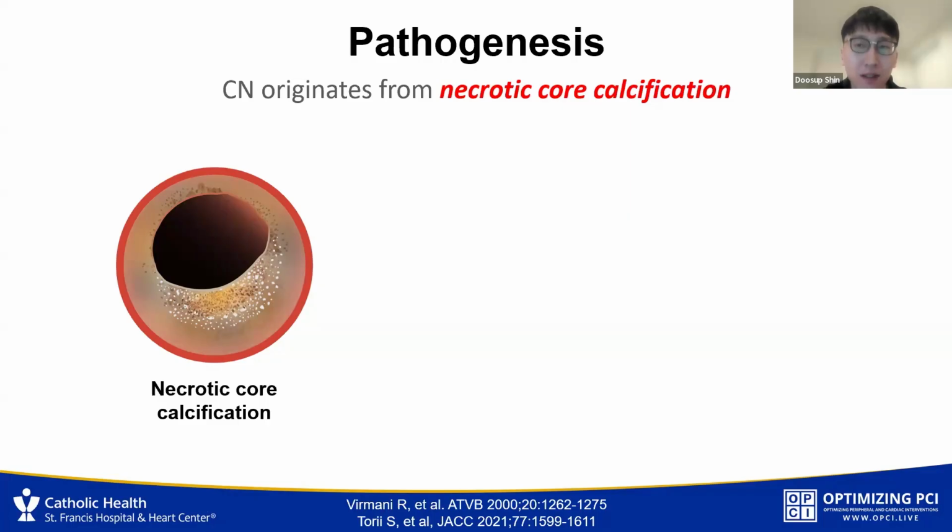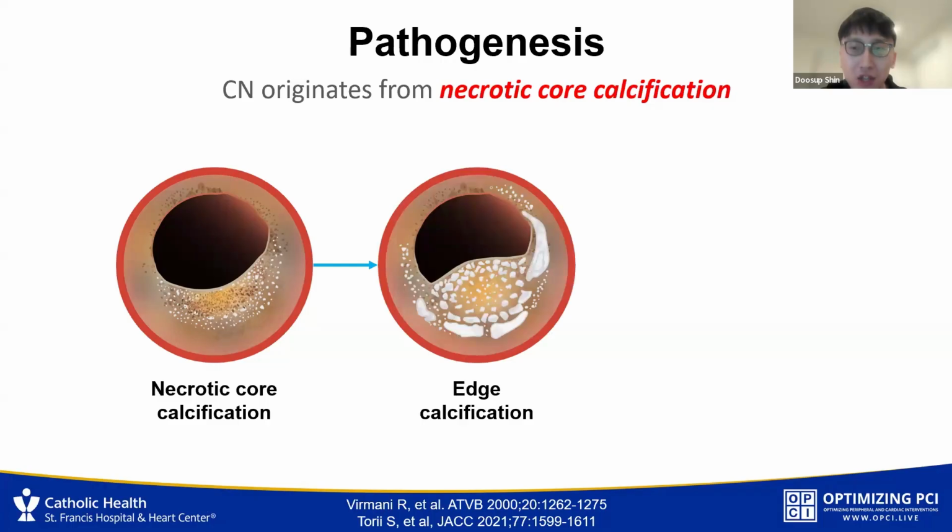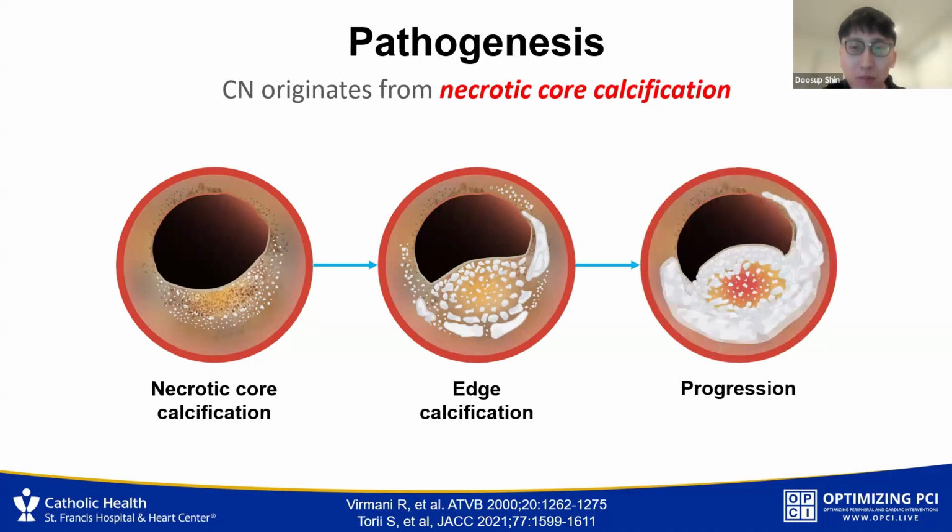From autopsy studies, it's been hypothesized that calcified nodules originate from necrotic core calcification, an area that lacks collagen. Over time, the calcification begins at the edge and the outer wall of the plaque, and it gradually progresses inward, eventually replacing the necrotic core.